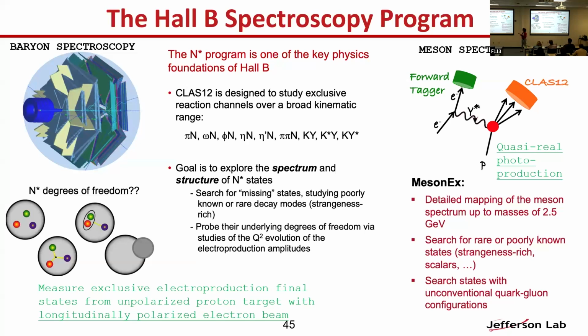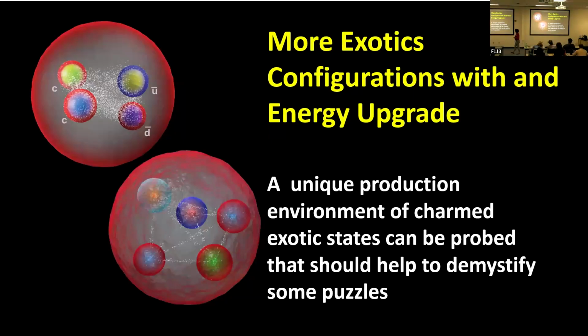We detect the electron at very forward angle in order to have a Q square almost zero, very, very low Q square. We are also carrying out this program in Hall B for the search for the hybrids.